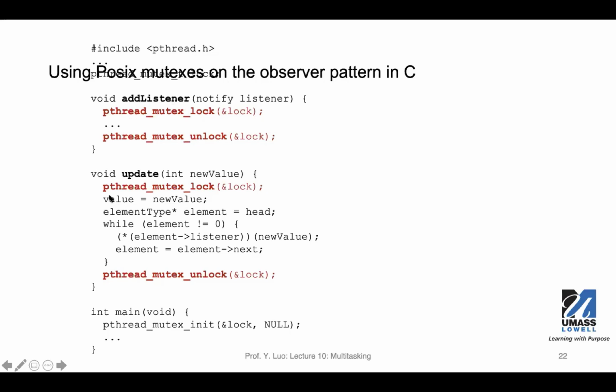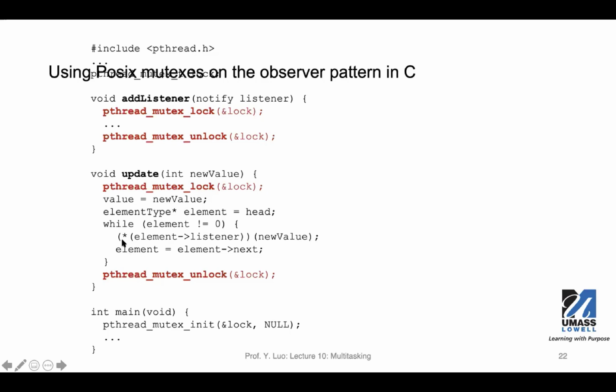And correspondingly, we also need to have these mutex locks applied in the update function, because in the update function, you also access the linked list.